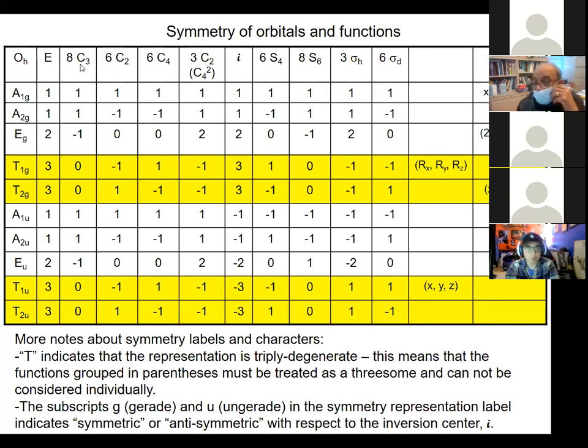And they will have 8 different C3s, 6 C2s, there are 6 C4s, 3 C2s, and an inversion center, I, 6 S4s. When you have 6 C4s, you will have 6 S4s, and you will have 8 S6, and then 3 sigma H values, and 6 sigma Ds. That is the dihedral plane of reflection. So look at the entire cascade of symmetry. You can't have a character table more complex than this.